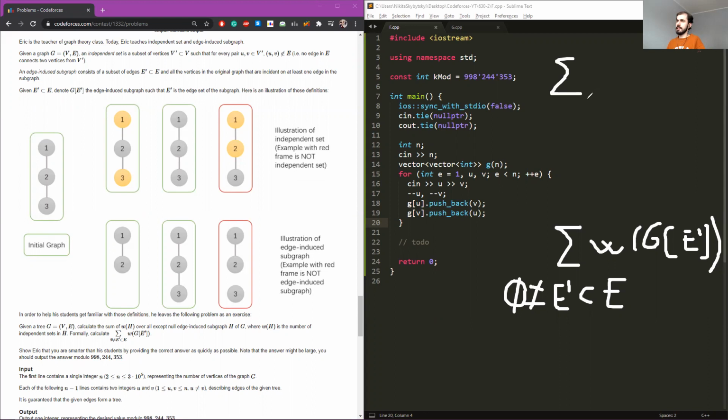What we can do instead is define a different function.